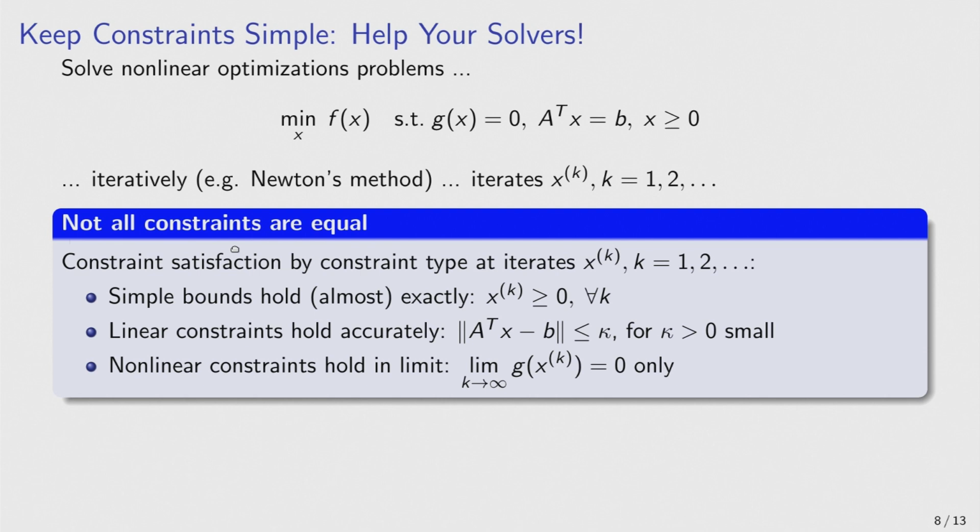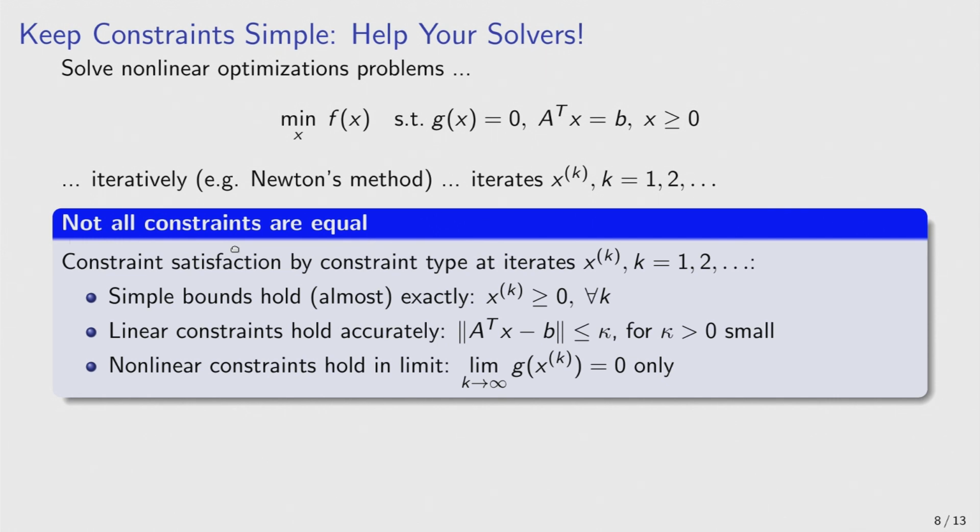And for most solvers, for active set solvers, this kappa will be about 10 to the minus 12. So it's non-zero often. You can't make it zero. Typically, it depends on the condition number of your matrix A, and it's a constant times that condition number. So most solvers will ensure that these constraints will hold very accurately.